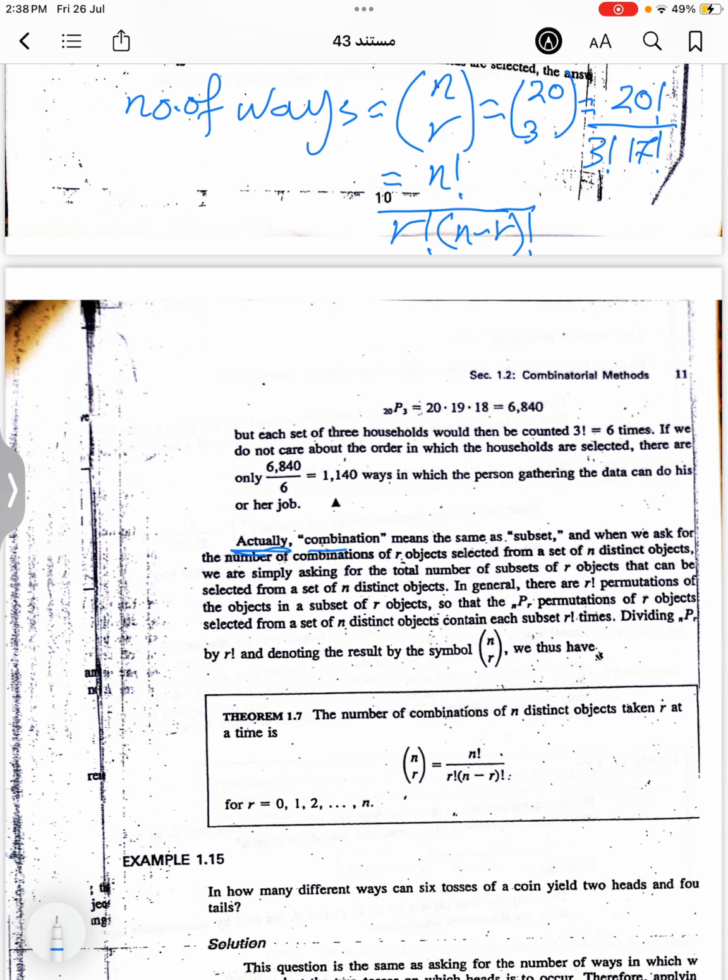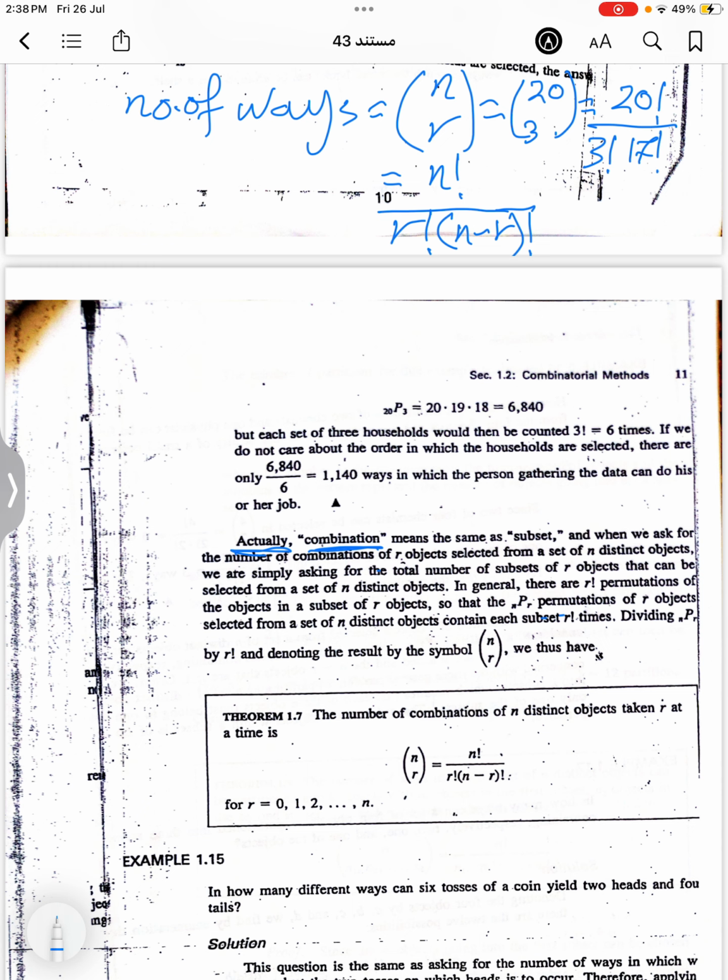Actually, combination means the same as subset, and when we ask for the number of combinations of R objects selected from a set of n distinct objects, we are simply asked for the total number of subsets of R objects that can be selected from a set of n distinct objects. In general, there are R factorial permutations of the objects in a subset of R objects, so that the permutation of n taken R will be divided by R factorial.